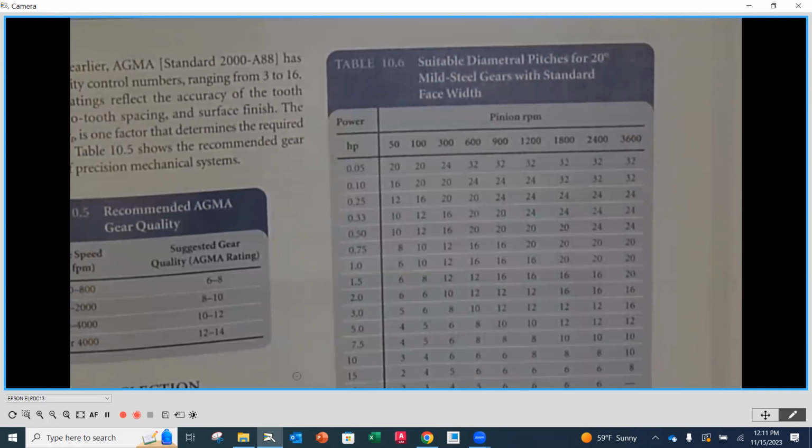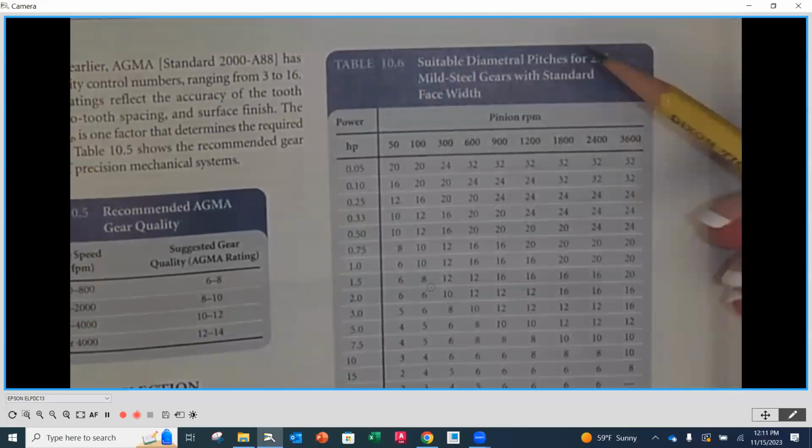When you go to the next diametral pitch, it's going to have another. They're basing it on the gear standard as far as what the standard face width is. Manufacturers may have their own in-between sizes, offering some other types, but these are for standard face widths.